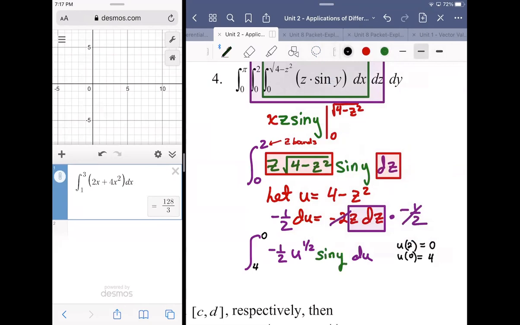So increase the exponent by 1. 1/2 becomes 3/2, so u to the 3/2. Divide by the new exponent, so it's the same as multiplying by 2/3. We're looking at negative 1/3 u to the 3/2. Can't just forget the sine of y as much as I keep trying to. Over the interval of 4 to 0.